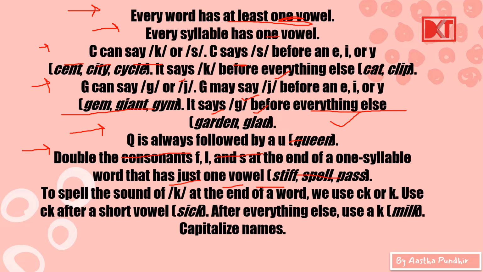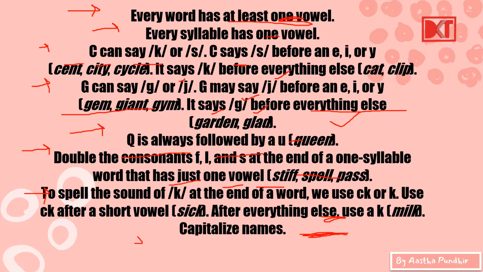So we double the consonants in the end. Alright, then spell the sound of K at the end of a word. We use either CK or K. CK is used after a short vowel, like sick. But after everything else, we use K, like milk. Alright.